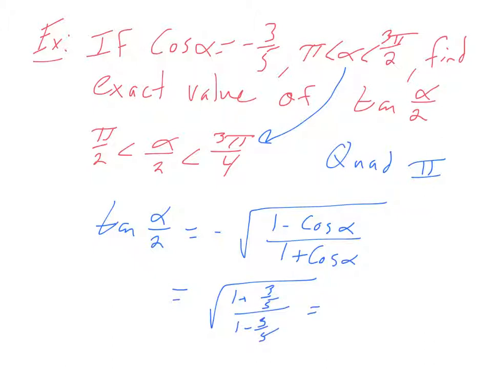We end up with 3/5 plus 5/5 is 8/5 over 1 minus 3/5 is 2/5. The 5's cancel, and so we get square root of 8 over 2. I feel like I screwed something up. No, that's right. And sorry, I needed the negative version, so I need to keep that negative. Square root of 8 over 2 is just square root of 4, which is 2. So negative 2 is the value of tan of alpha over 2.